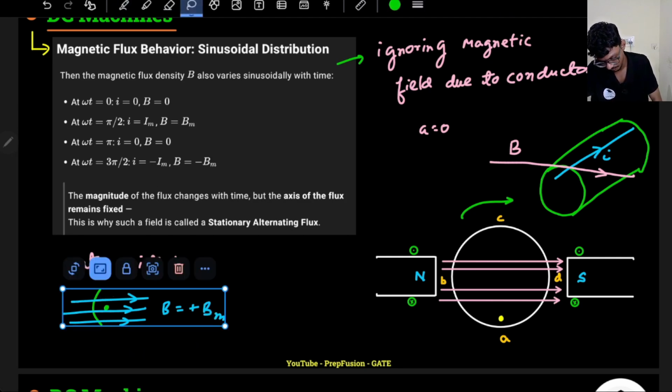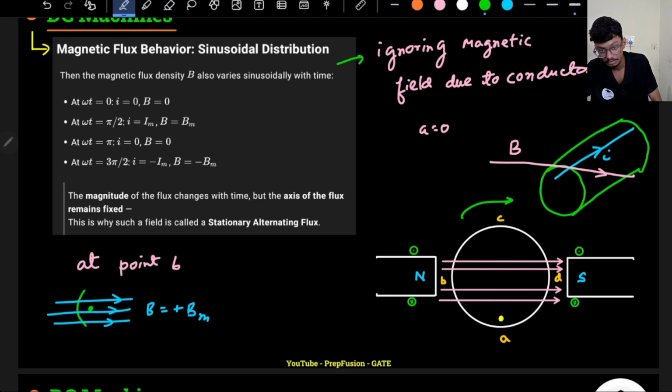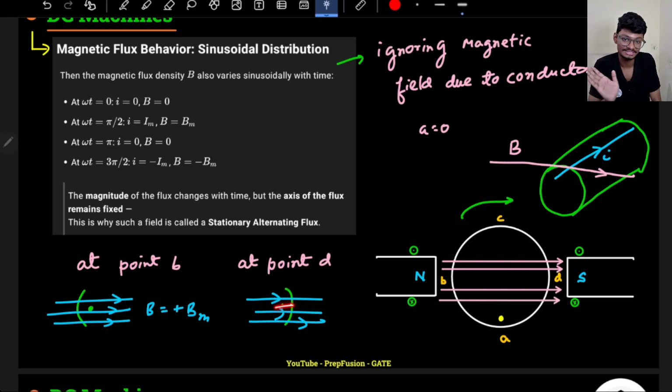Then when I am at point D, the magnetic field density is going outward from the flux, right? So the conductor is experiencing different magnetic fields at different positions.